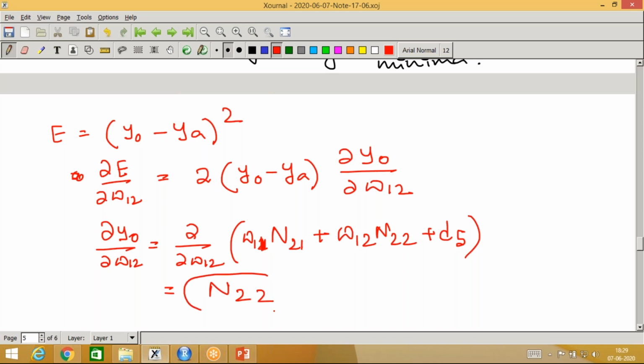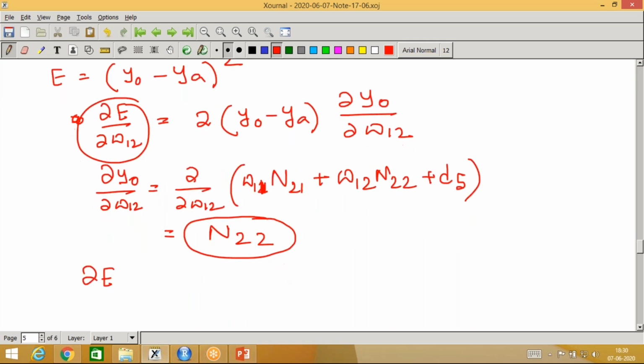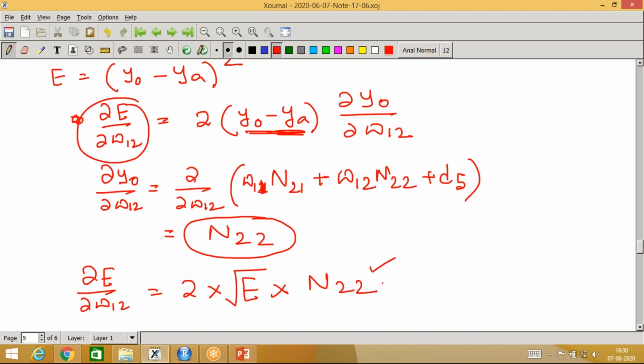Whatever is the score at n22, that is the value of this. So the derivative with respect to w12 will be 2 into e into n22, where e is the error. I have already got this value from my calculations. That is the change that I will do in W12.